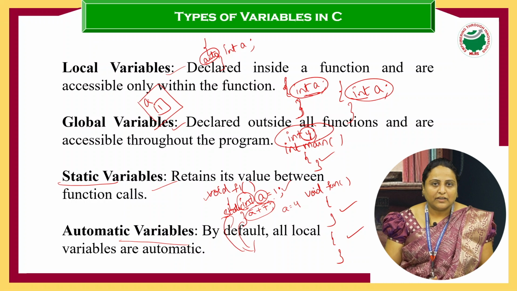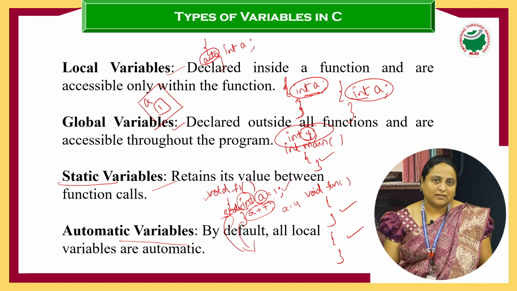And the next one is global variable. If you want a particular variable to be accessed in any part of the program, any block of the program, then you have to declare the variable above all the functions, outside all the functions, which is called a global variable. Such type of variables will be present in the memory until complete program execution is completed.